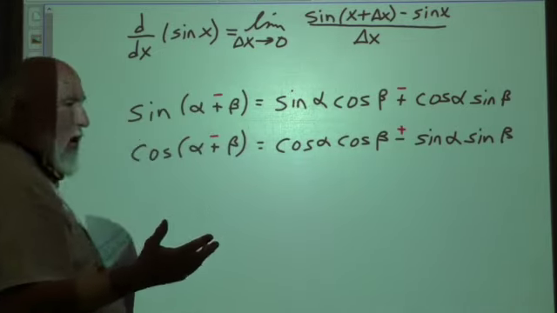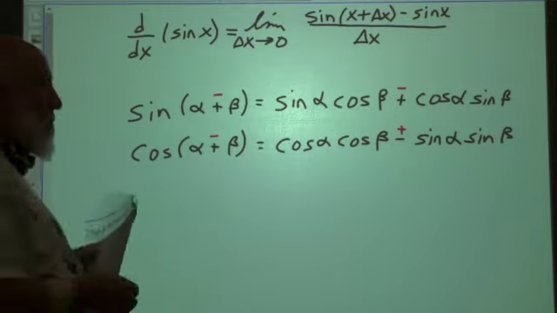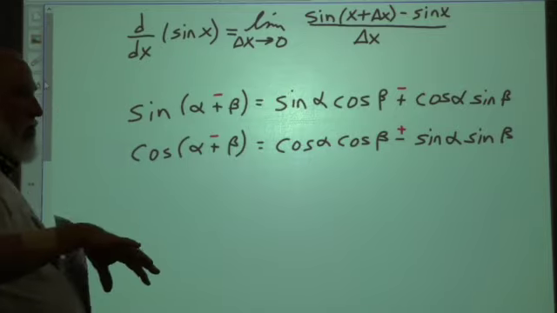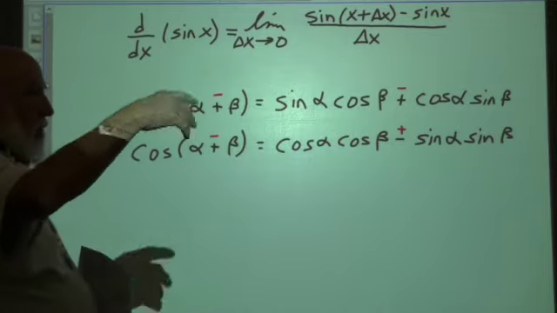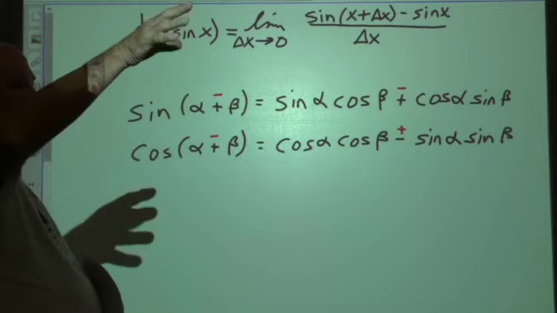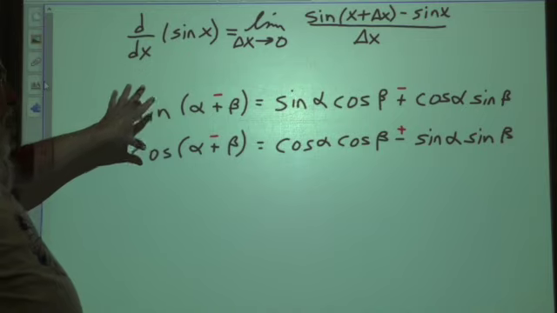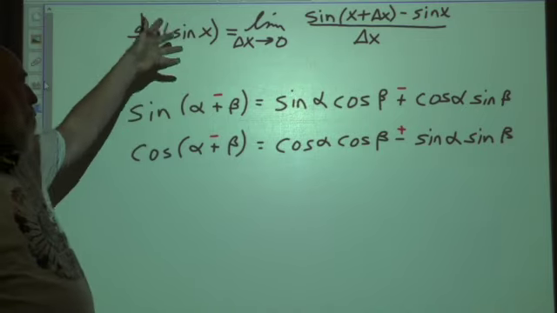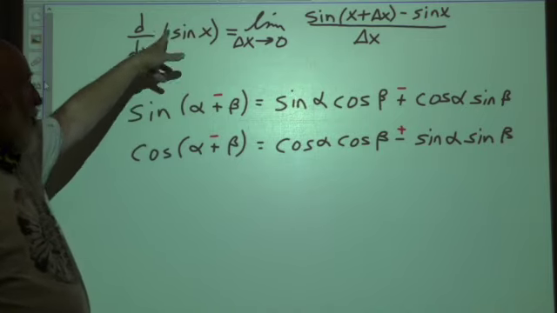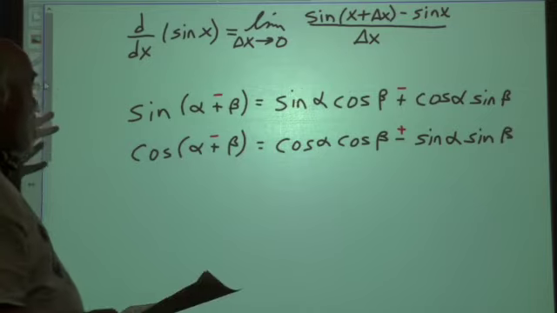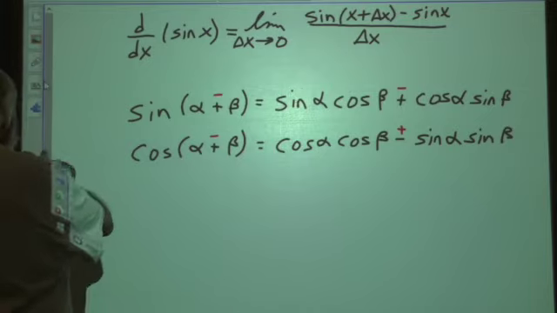Because if you recall from the graphing of sine and cosine, they're exactly opposite of each other. One starts at 0, that's sine, and the other starts at 1, and the value goes up for sine, goes down for cosine. So these are going to come into play when we find the derivative of the sine of x and the derivative of cosine of x.